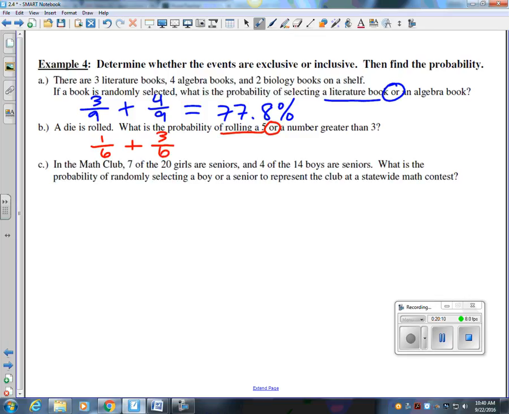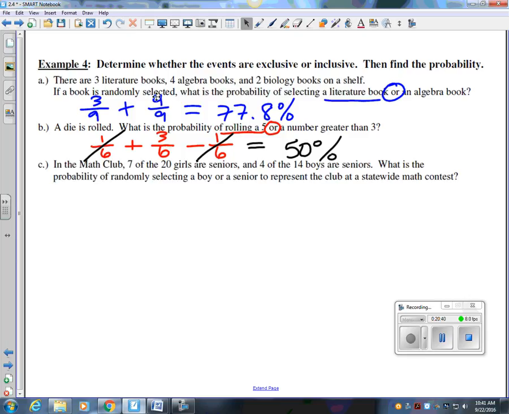You have to ask yourself, is it possible to get a 5 and a number greater than 3 on the same roll? Yes. What is that? 1 out of 6. So again, these would cancel if you wanted to type less in your calculator. And what is 3 over 6? Which is what? 50%. So again, using your brain could save you some time here.